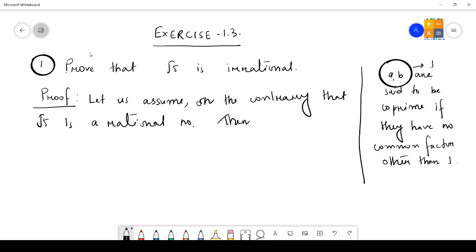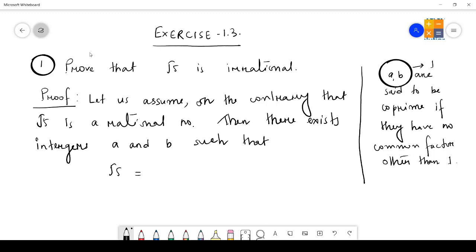Then there exist integers A and B such that, by definition of rational numbers, we can write root 5 is equal to A by B, B not equal to 0, and A, B are co-primes. That means they have only one common factor, that is 1, and no other factor they have as common factors.